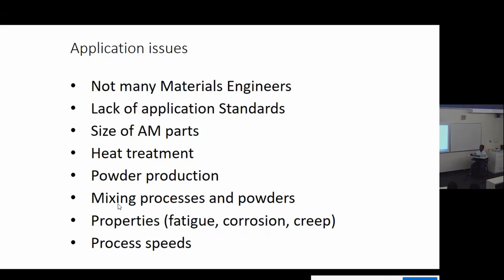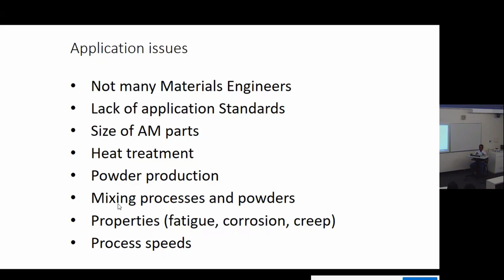Other thing is powder production. Most of the powders are now got from the US and Germany. So there are not many people who can produce powders, but there are some very specialty powders that we are trying to make here. Copper with alumina inside it, so it can have high temperature strength.